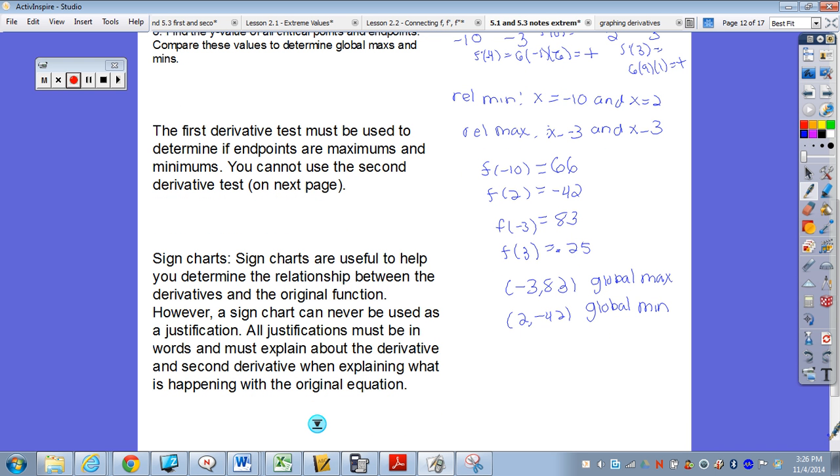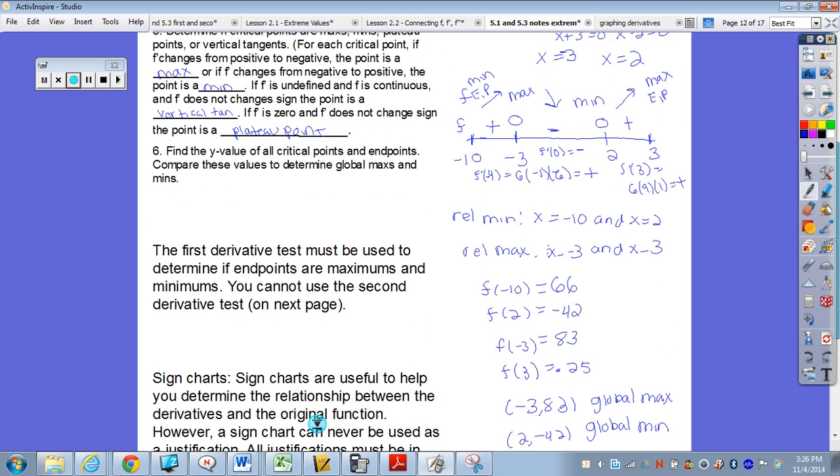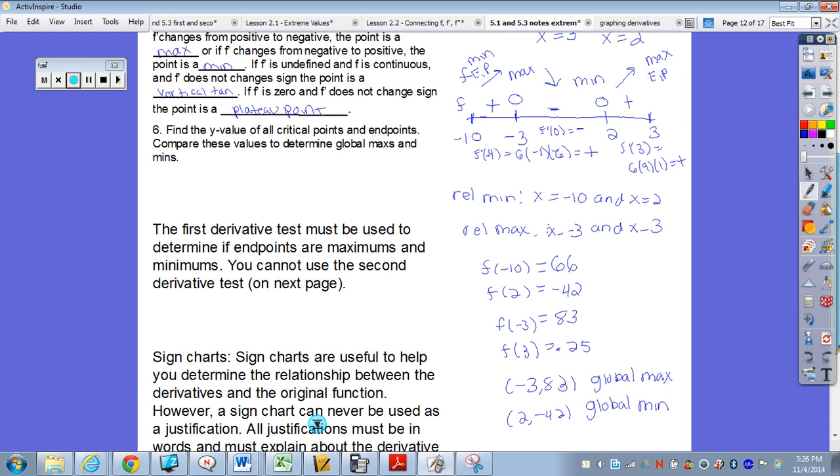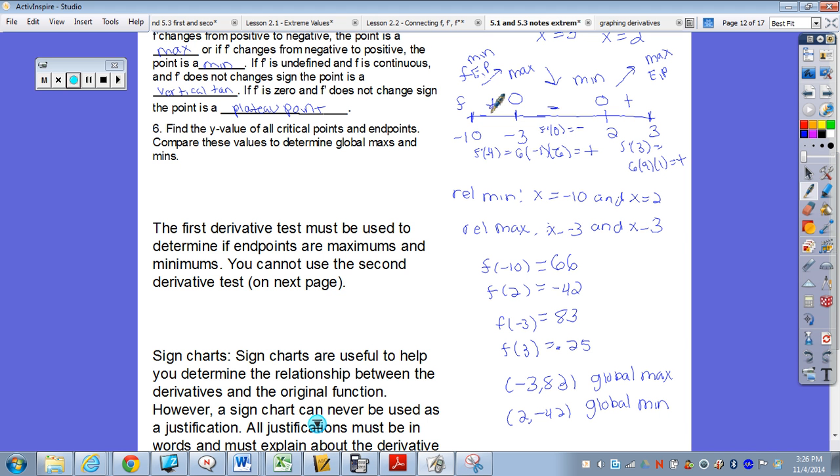Then the last thing the question asked is to find where the function is increasing or decreasing. This isn't technically the first derivative test, but my sign chart easily tells me that. When my derivative is positive, my function's increasing. So it's increasing from -10 to -3, and also from 2 to 3, wherever I have an up arrow.